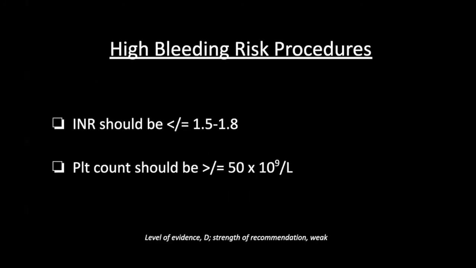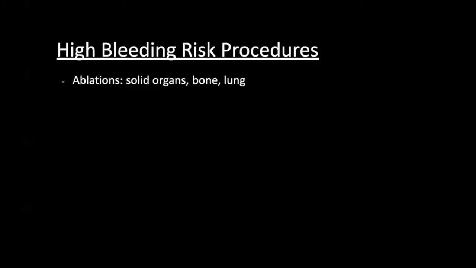So for high bleeding risk procedures, we generally want to put our threshold for lab results low, and so our INR should generally be between 1.5 to 1.8, or generally lower than that. Make sure that you don't increase their bleeding risk, and then platelets should be at least more than 50,000.